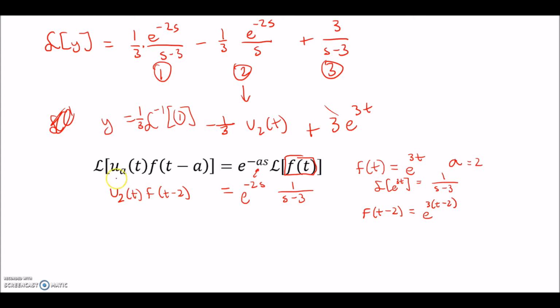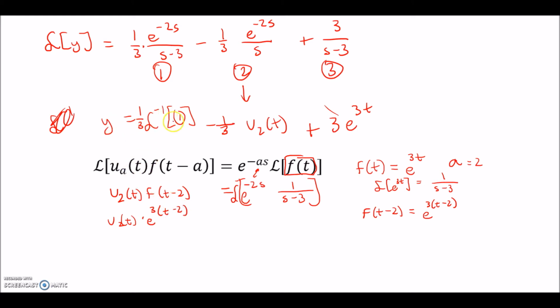And that's everything I need, because now I know that the inverse of this is going to be u sub 2 of t times f of t minus 2, which is e to the 3 quantity t minus 2. Now I'm done.